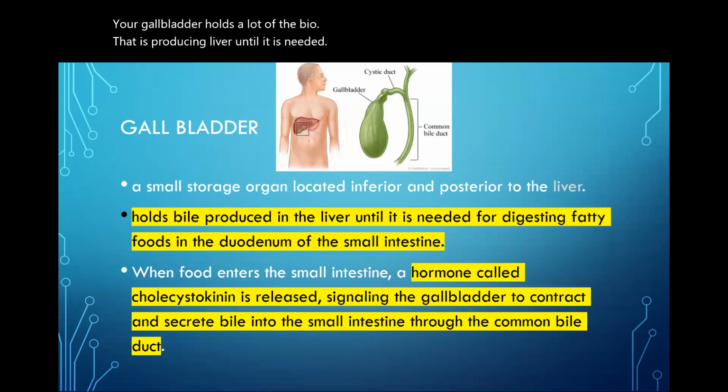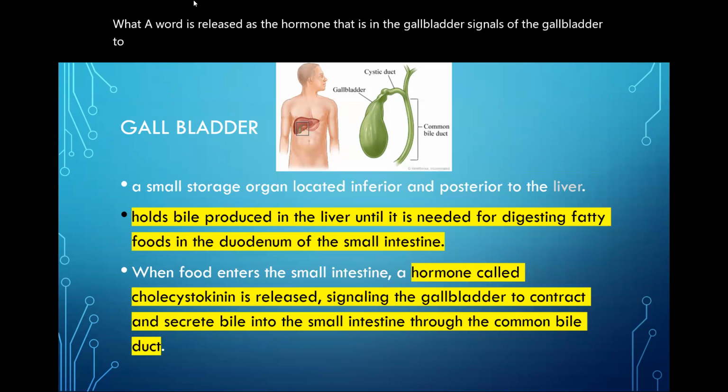Cholecystokinin, what a word, is released as the hormone that signals to the gallbladder to contract, moving the bile into the small intestine through the common bile duct.